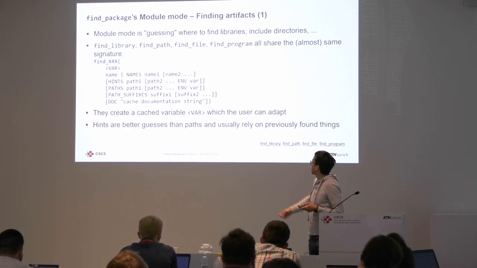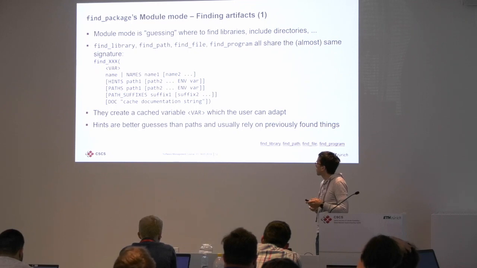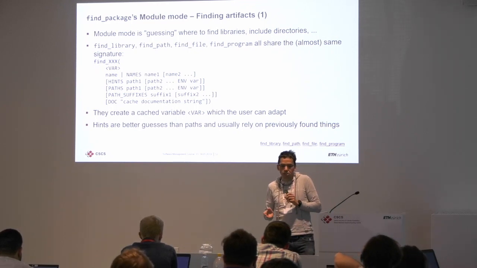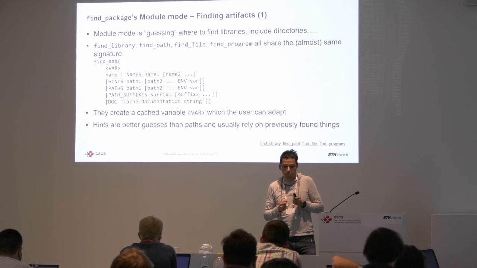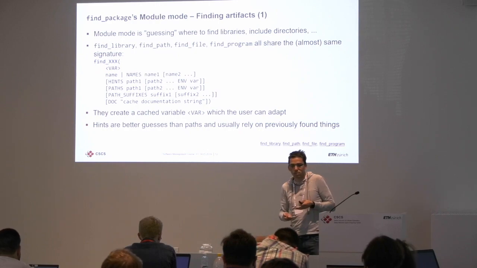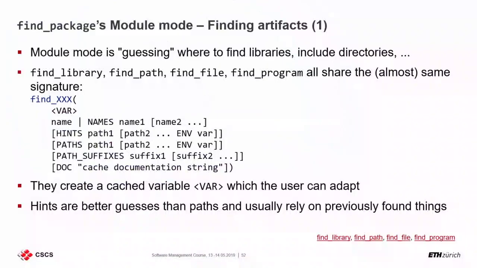We can give it some hints. We can give it some paths. And it will try to find it first in those locations. If it succeeds, it will create a cached variable with the same variable name, and the user can also change those variables if the guessing was wrong. As you see, there are HINTS and there are PATHS.